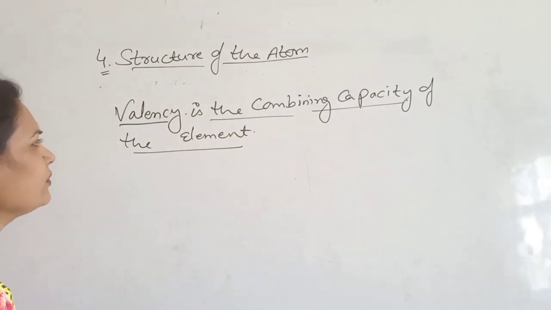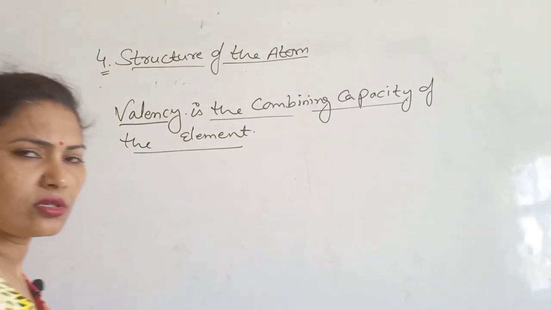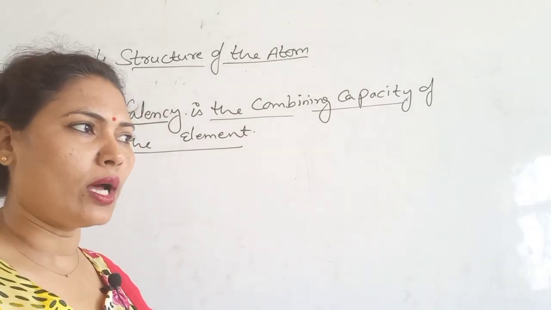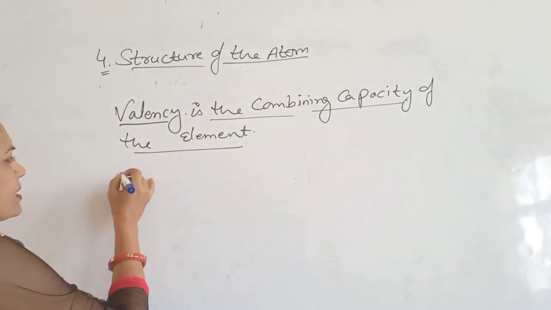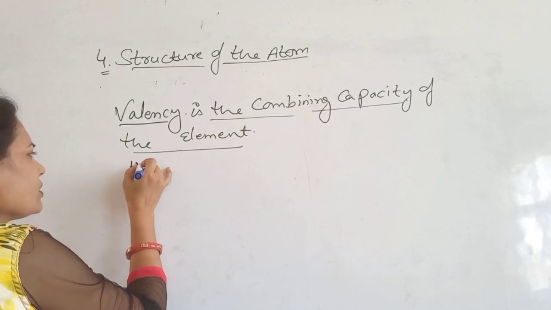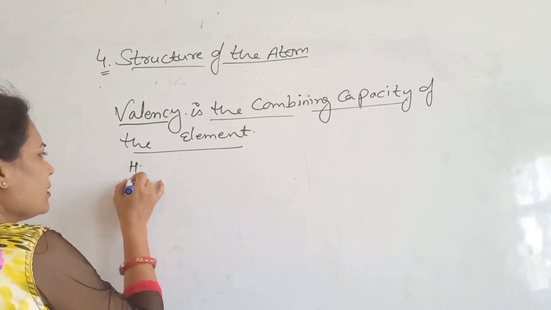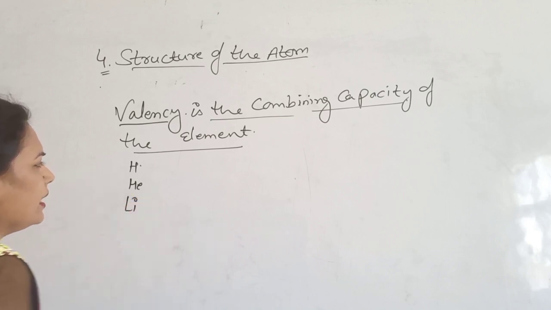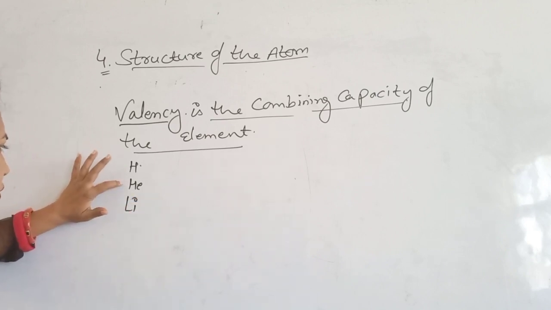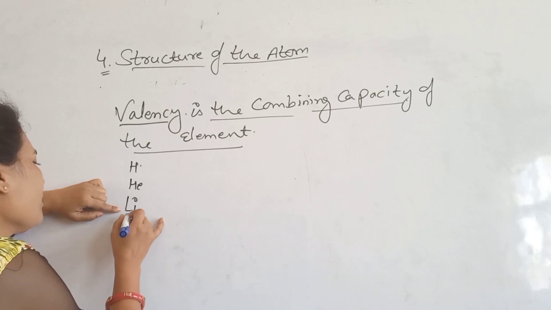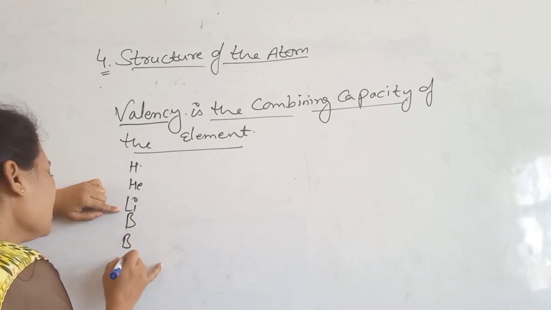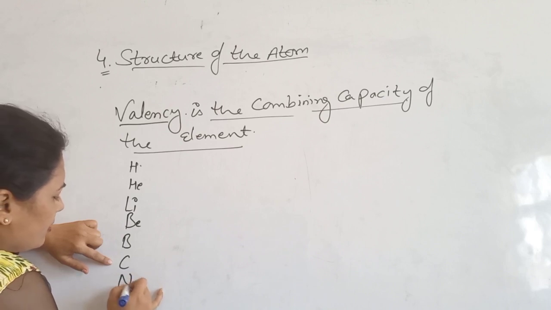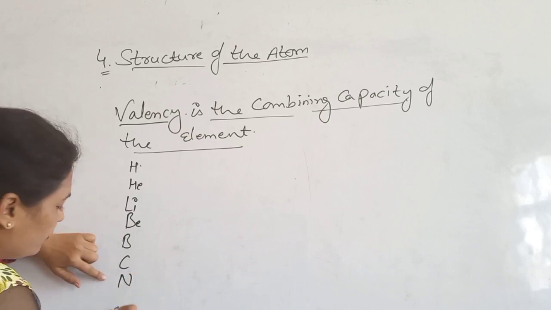So let us find the valency of each element. Start from the atomic number 1. So first atomic number H, then He, then I had told you that Hollywood hero launched BBC network of funny news.